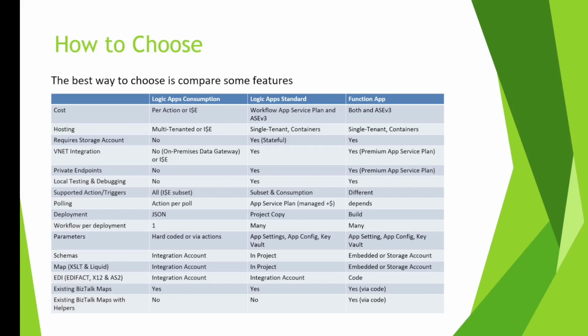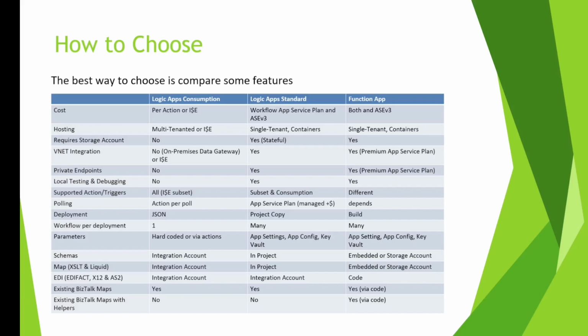But you do have that fixed cost per month. You don't have the same thing. If I had a Logic App and I was processing 10 web requests a week, you wouldn't go to Standard because you've got that upfront cost of an app service plan. Functions is an interesting one.